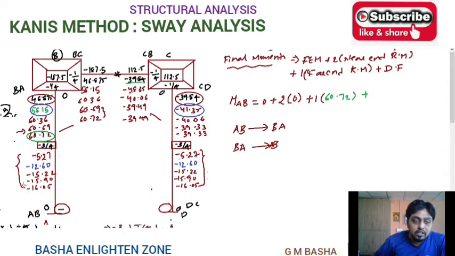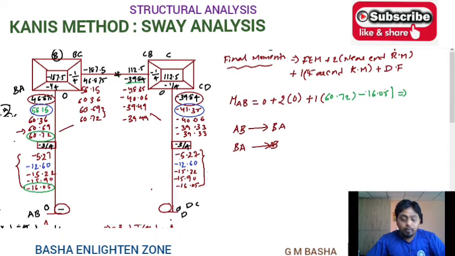There will be 5 trials where you are stopping at the 5th trial, therefore you take that 5th trial displacement factor, that is minus 16.05. If you simplify, you will get a final value of around 44.68 kilonewton meter, so maybe some 45 around.